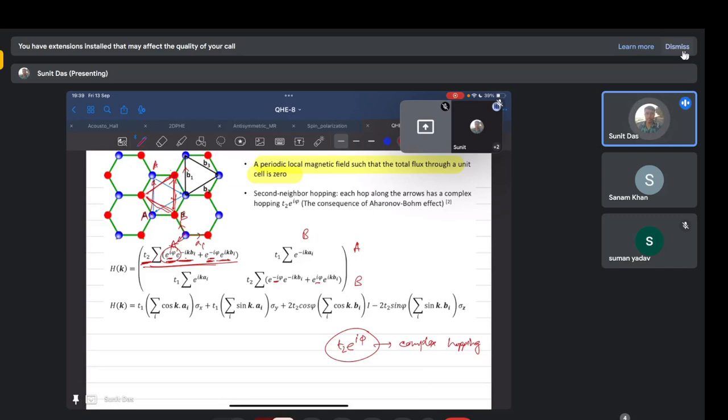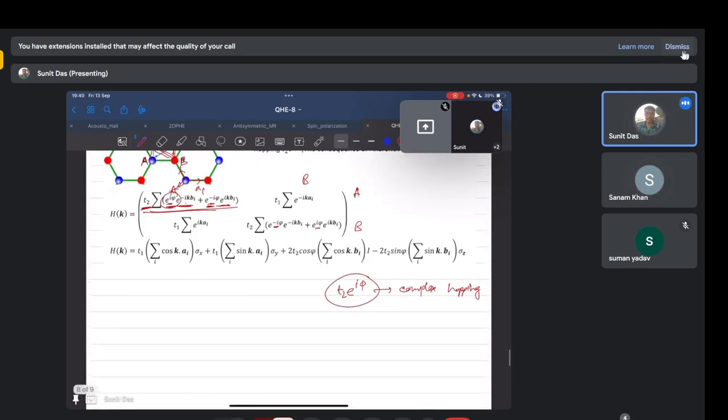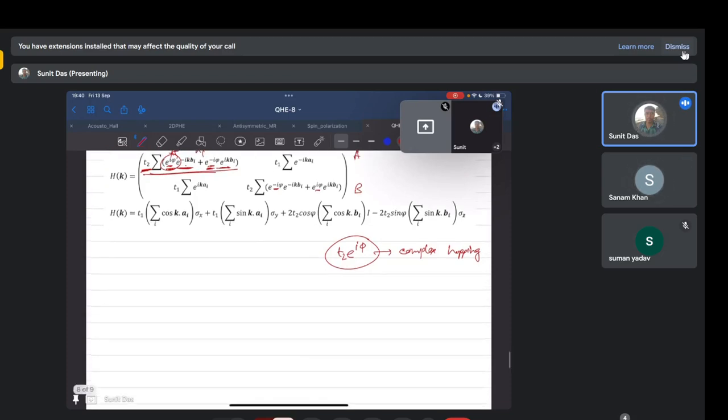And another way is that even if you include a complex phase in the nearest neighbor also, we can actually transfer it to the other sublattice. Let's say I have H psi equal to E psi, right? That's the main energy equation. Now psi has components corresponding to the A and B sublattices.